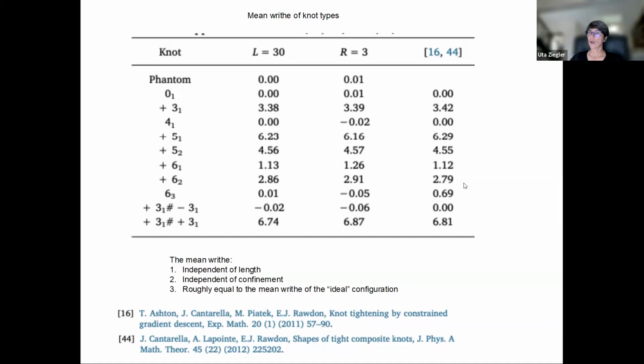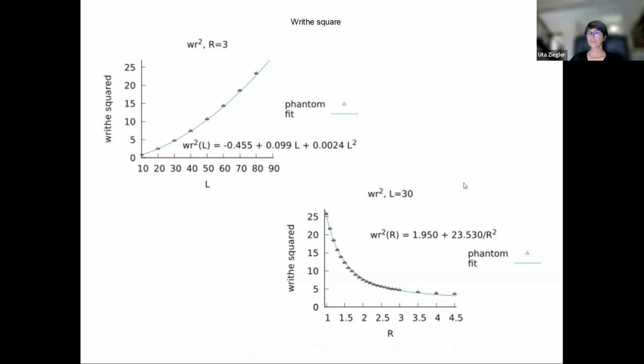Now, if we're looking at Reith squared, we can get a function of L squared. We're looking at the length here on the x-axis. And here's a picture for the y-axis. But let's just look at this one for right now. So we see a nice curve here.